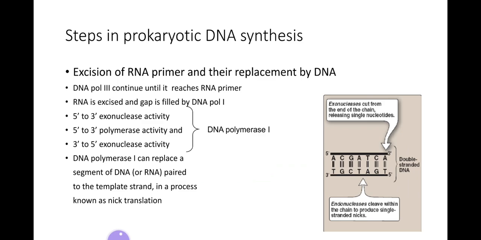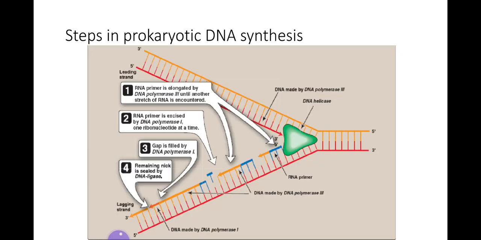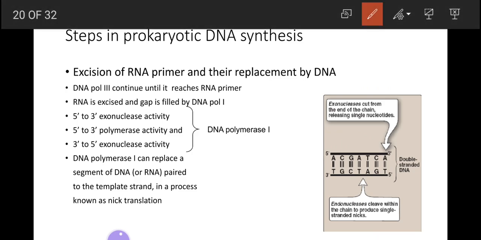Finally, after completion of the complementary strand, there comes a process of removal of the primer. The RNA primer must be removed, and this removal is done by the DNA polymerase 1. DNA polymerase 1 is slightly different from the DNA polymerase 3 because it contains 3 types of activities.